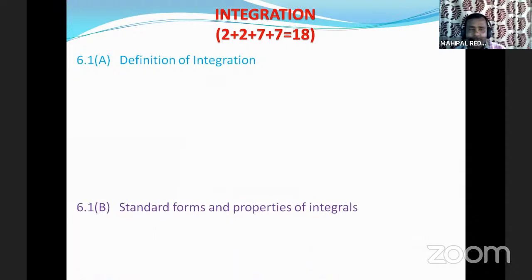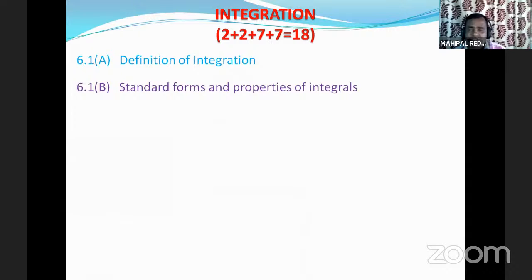The second one is the standard forms and properties of integrals. Standard forms means we are going to learn some formulas and properties of integrals. And the second one is integration by substitution method, 6.2.